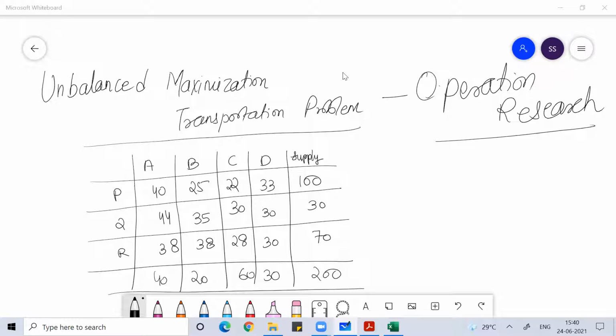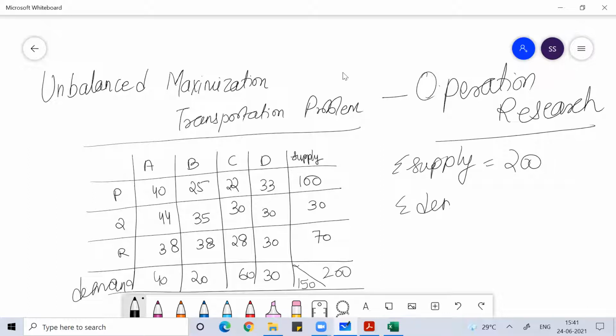Here, the total sum of supply is equal to 200, while the total sum of demand is equal to 150.